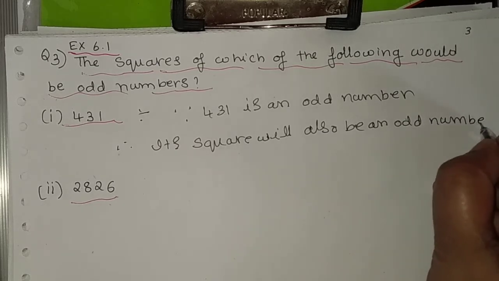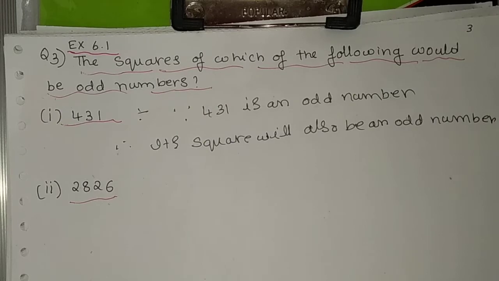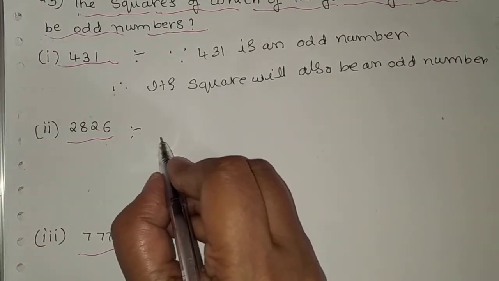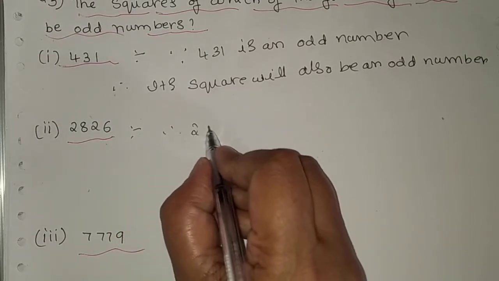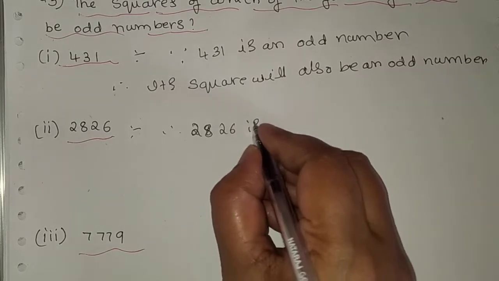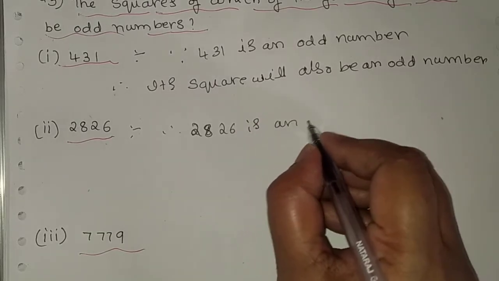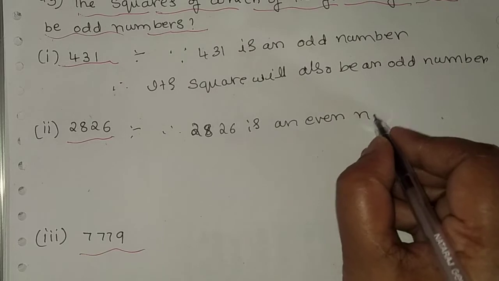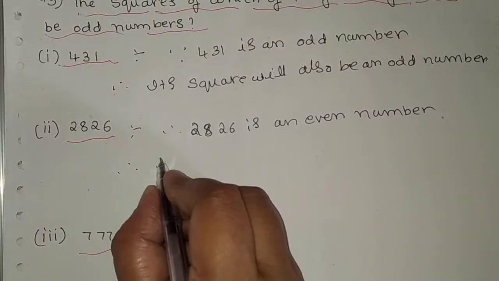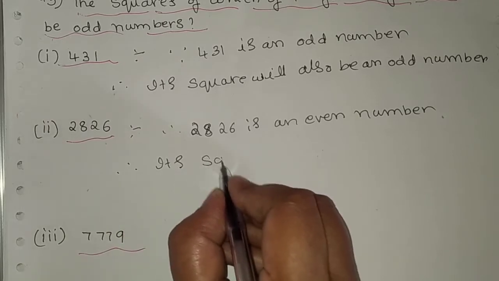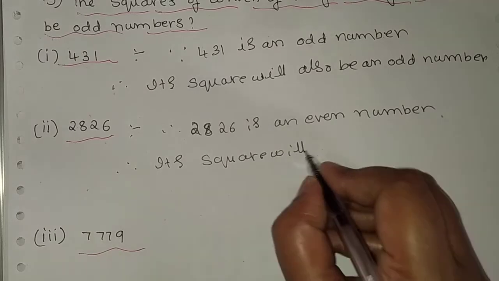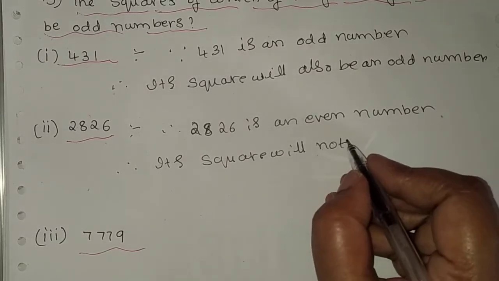Now next is 2826, an even number. Therefore its square will not be odd, it will only be even.